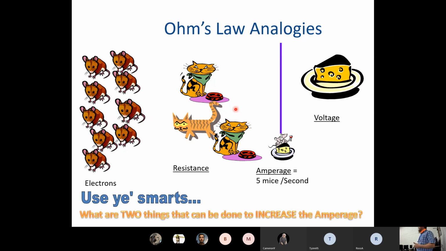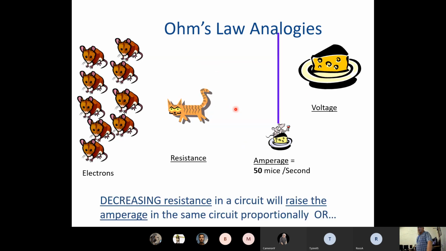What would make their incentive to get over there more? More cheese. Getting more cheese, or more voltage, will make those mice want to get across that line fast. So there are two different ways that we can increase amperage. Decreasing resistance, reducing the number of cats, will make our amperage go up.